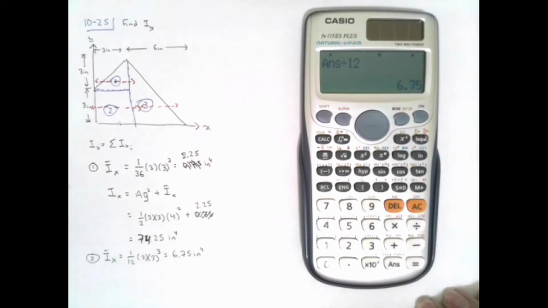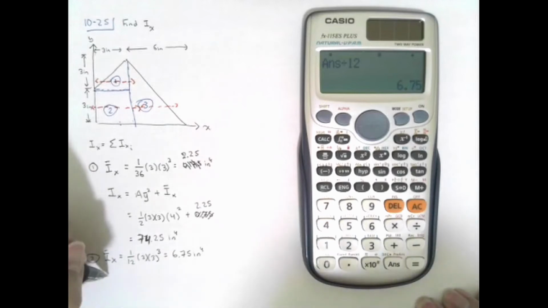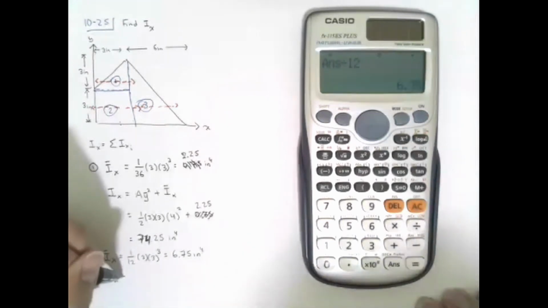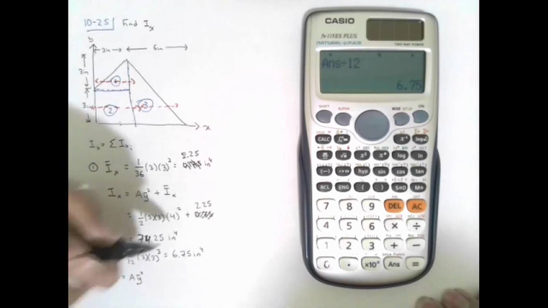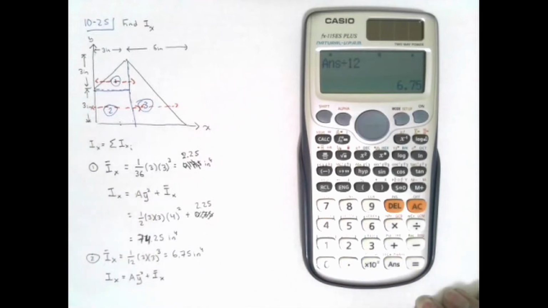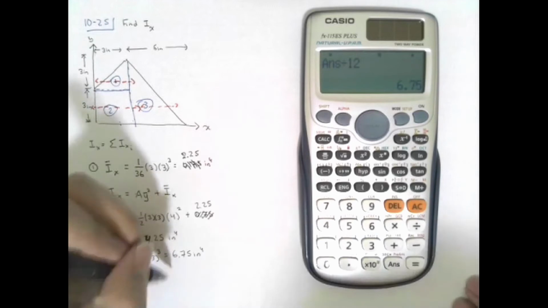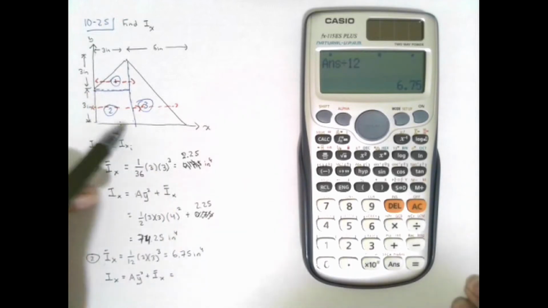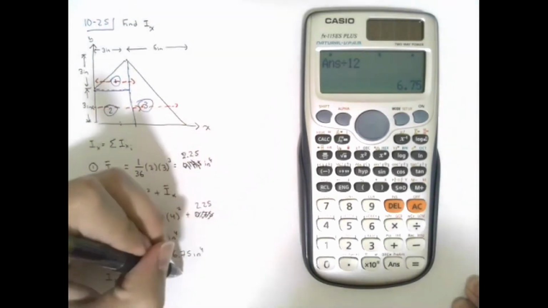Applying the parallel axis theorem once again gives us that the moment of inertia about the x-axis is equal to the area times the distance to the centroid squared plus the centroidal moment of inertia. For this rectangle, my area is 3 inches times 3 inches.